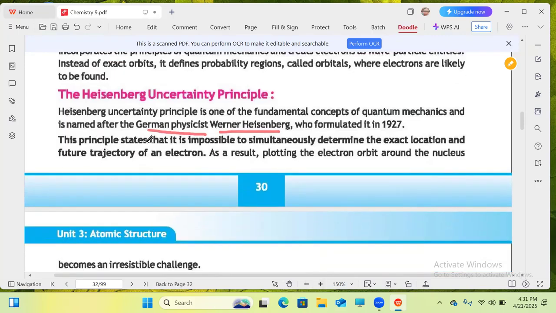The Heisenberg uncertainty principle says that it is impossible to simultaneously determine the exact location and future trajectory of an electron. He said it is impossible to determine two things at the same time. The first thing is the exact location, and the second thing is the future trajectory of an electron.